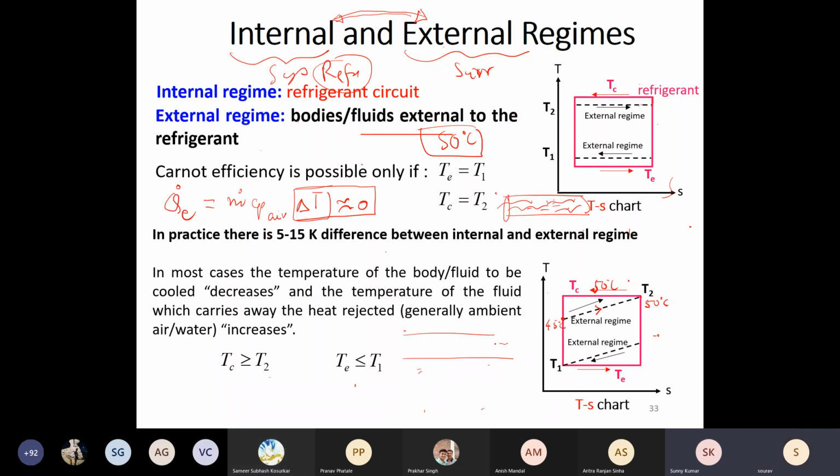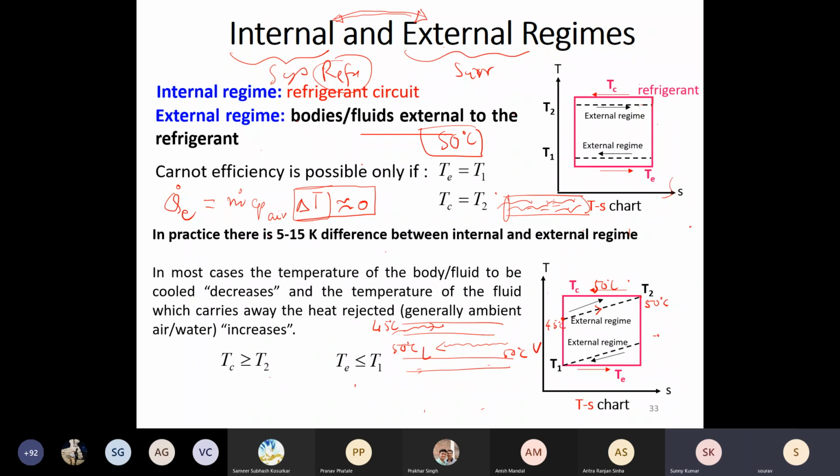So consider that your vapor is flowing in this fashion and the ambient air is flowing in this fashion. Ambient air enters at 45 degrees C. This refrigerant is entering at 50 degrees C, saturated vapor. It comes out as saturated liquid at 50 degrees C. So it enters as vapor, comes out as liquid.